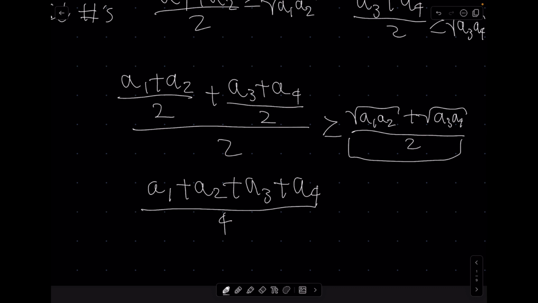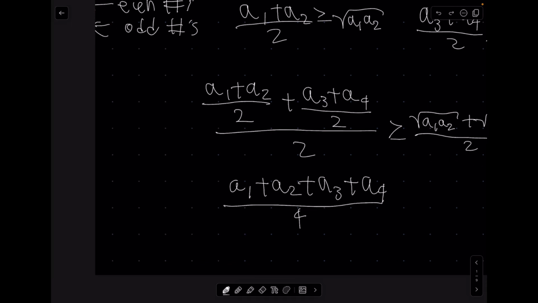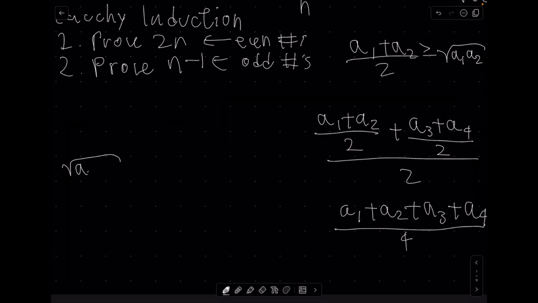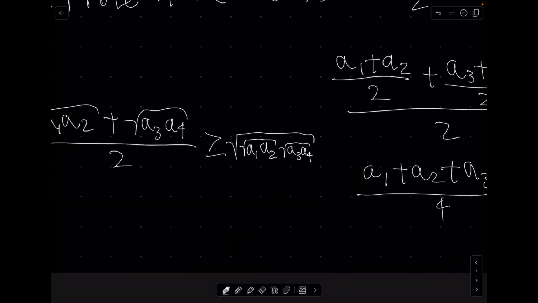And on this side, we can do something very clever. We can apply AM-GM to this side. So you have the square root of a1a2 plus the square root of a3a4, over 2, is greater than or equal to the square root of the square root of a1a2 times the square root of a3a4. And once we multiply this, we have the square root of the square root, which is just the fourth root.